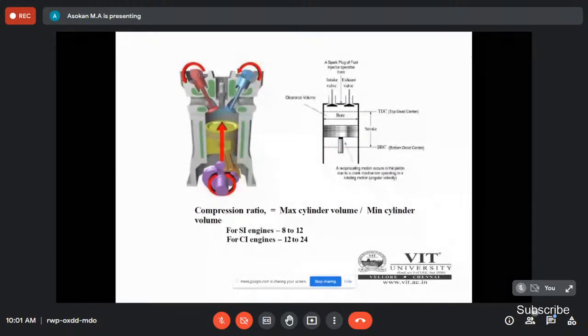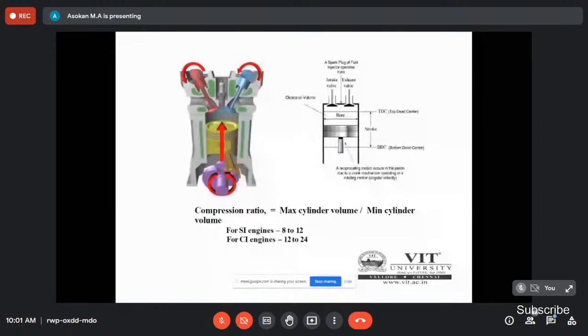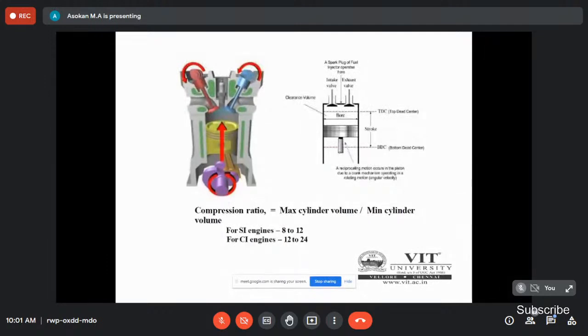Above the top dead center there is a small volume, which is the clearance volume or combustion chamber. When the piston moves downward to the extreme bottom position of the cylinder, that is the bottom dead center. The distance from bottom dead center to top dead center is called the stroke length.